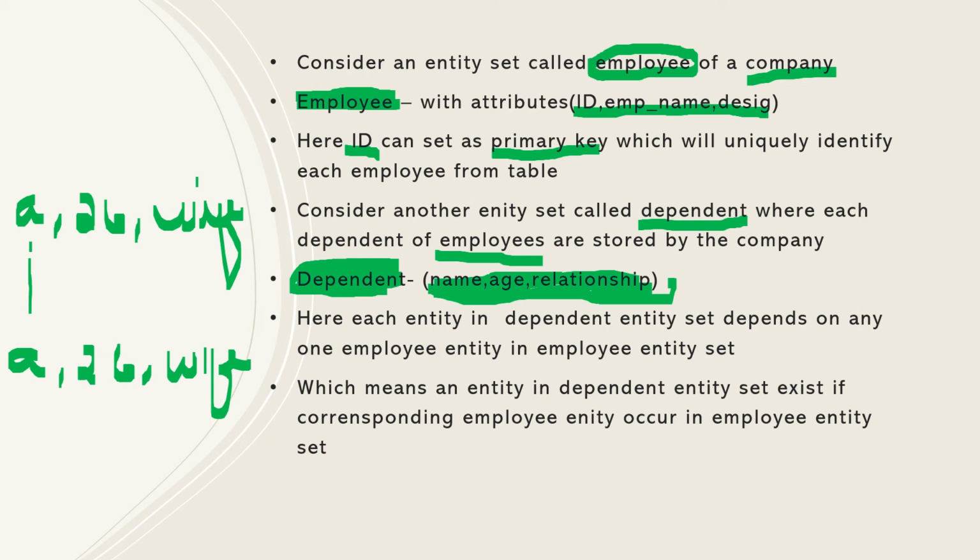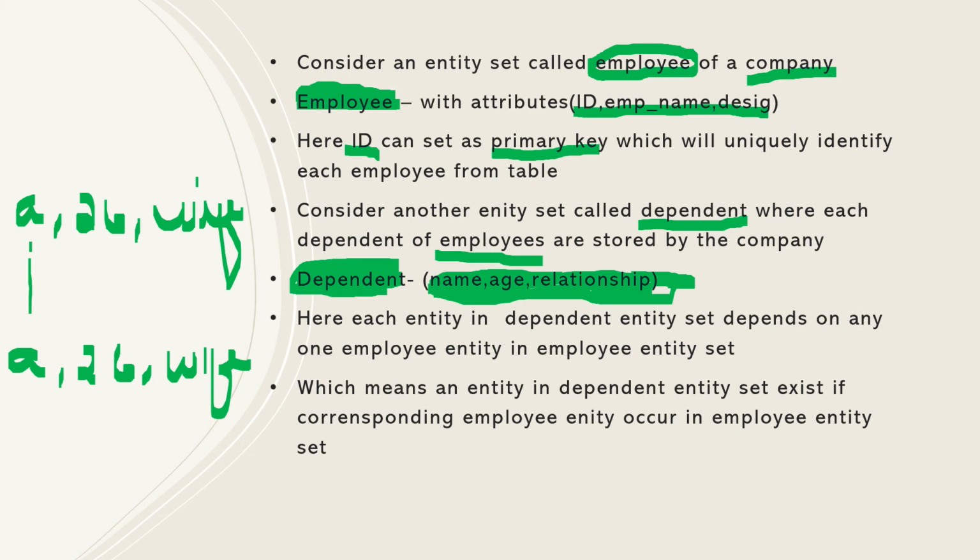And one more property is that an entity in the dependent entity set completely depends on the employee. As I said, if you take Infosys as a company and let the employee entity set store all the employees of Infosys, then details about the employee will be stored inside the employee table, and if a person is an employee of Infosys, then their relatives' or dependents' information will be stored in the dependent entity set.